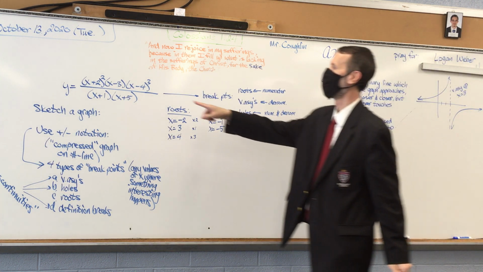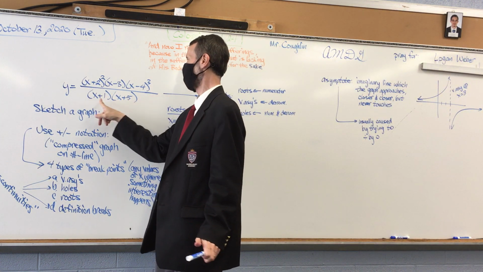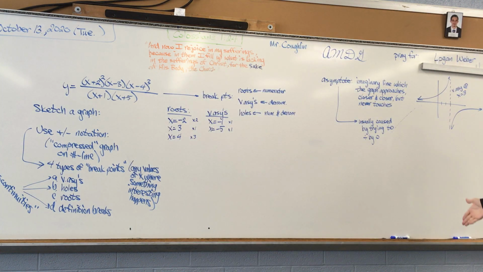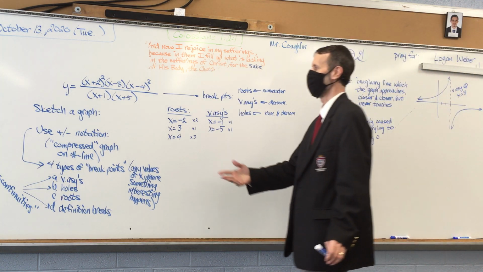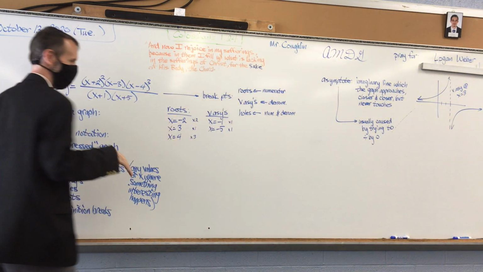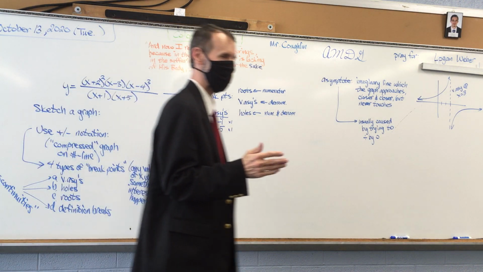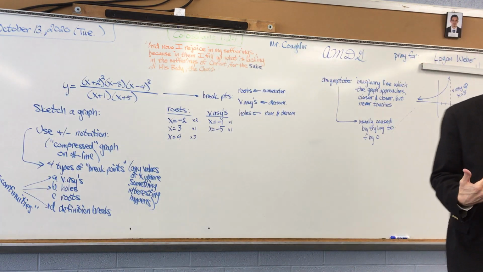In other words, here's the division. If somebody tries to plug a -1 in here, boom, there'll be a vertical asymptote at -1. If somebody tries to plug in a -5, boom, there's a vertical asymptote at -5. That will cause the graph to swerve dramatically out of the way.